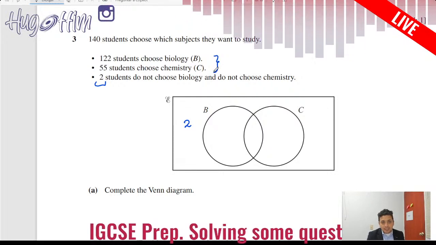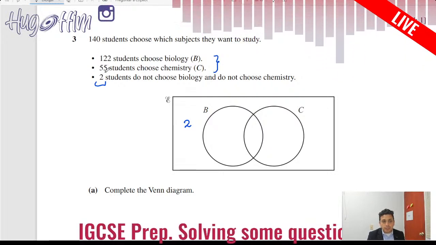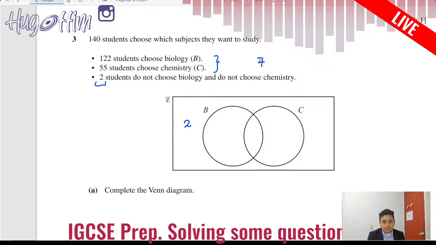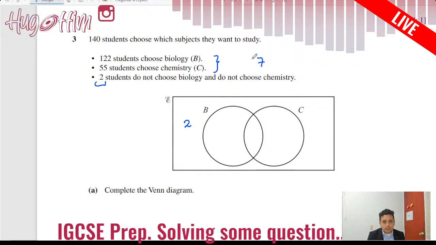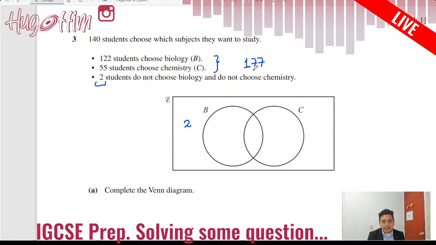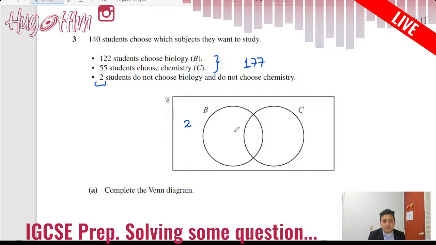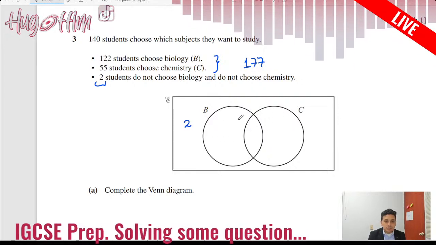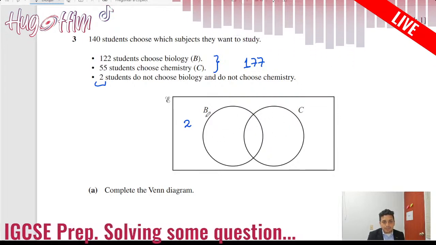So if I add these two numbers, I'm going to get 177. So it means that I have 177 students here in the region of biology and chemistry.